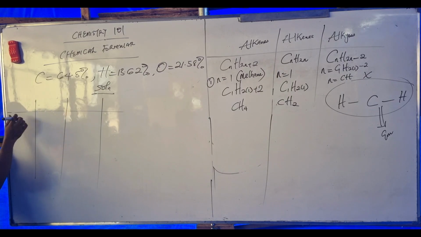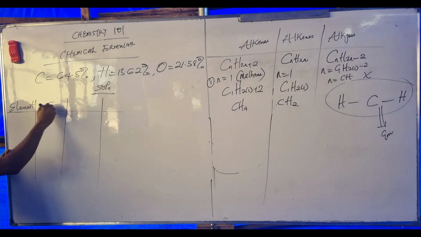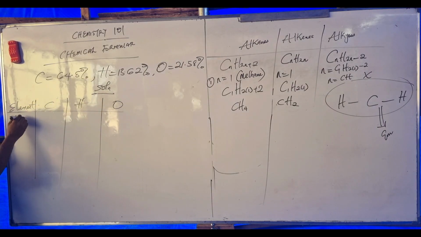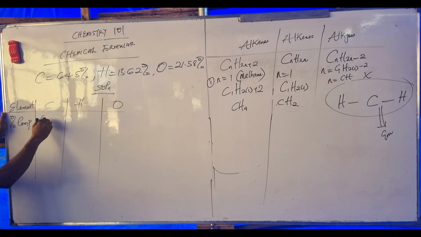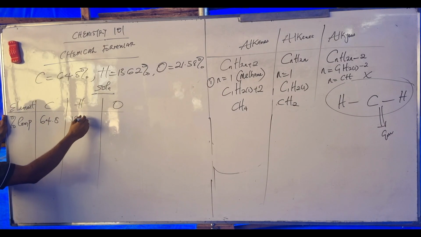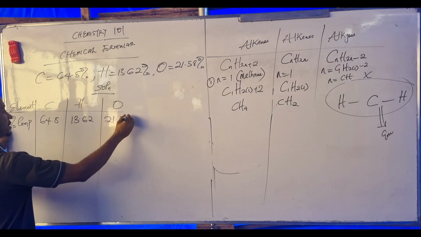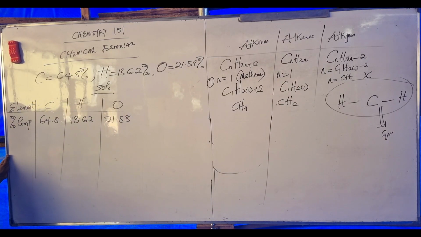Carbon, hydrogen, and what? And oxygen, right? So we have percentage composition. Carbon is what? 64.8. What is hydrogen? 13.62. What about oxygen? 21.58, right?